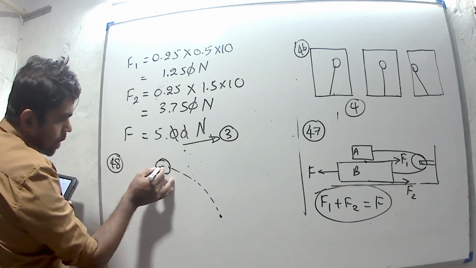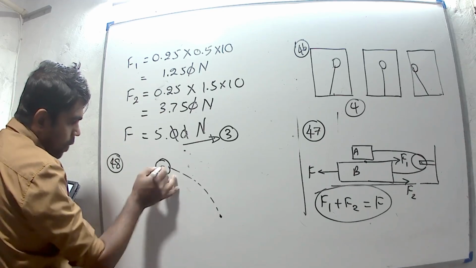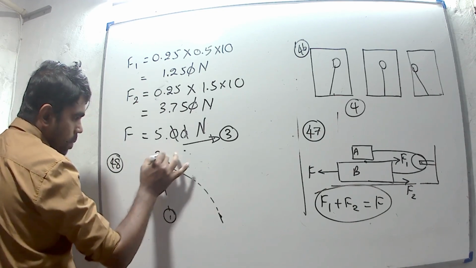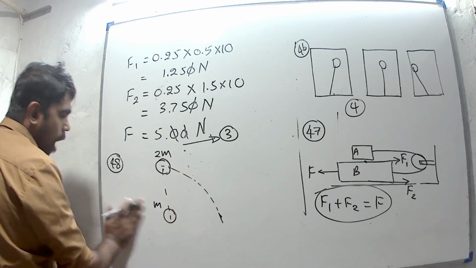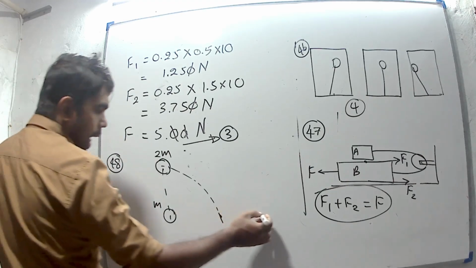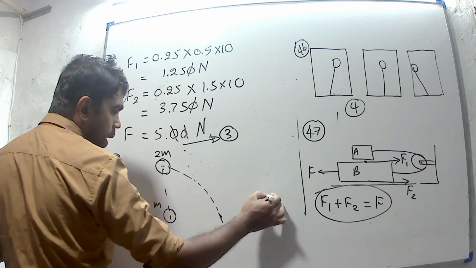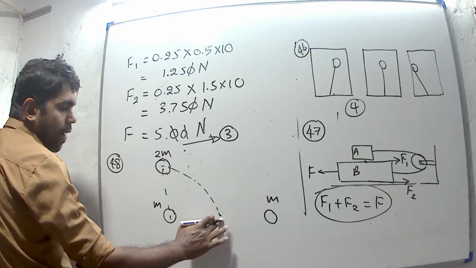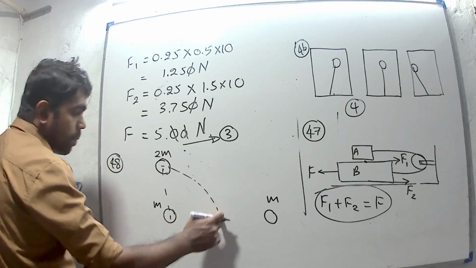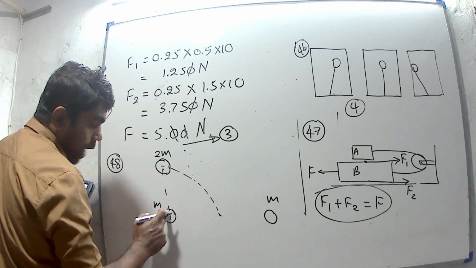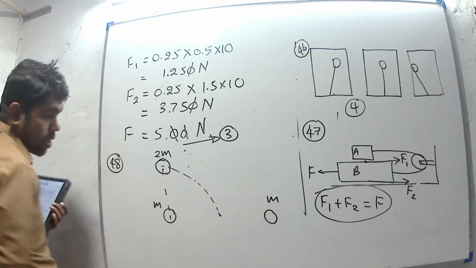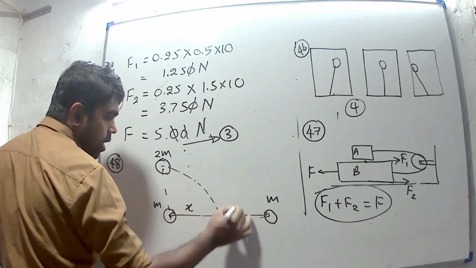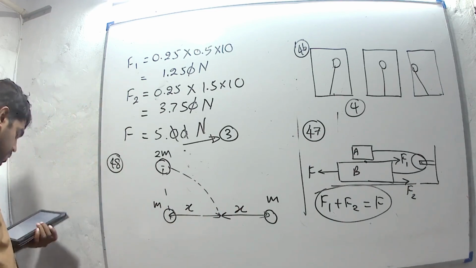Then, if the first part is moving to this point, its mass is 2m, this is half of the object, and then the second mass should be moved to a point like this. Finally, the center of gravity of the system is the midpoint of the line joining these two parts. If this one is x, this distance also should be equal to x.